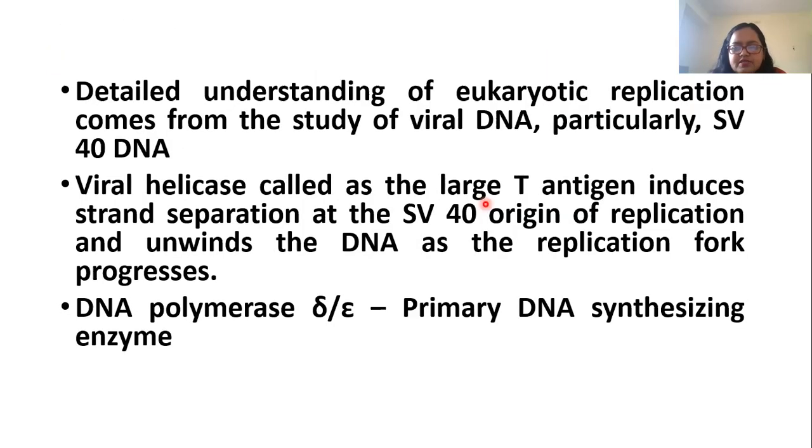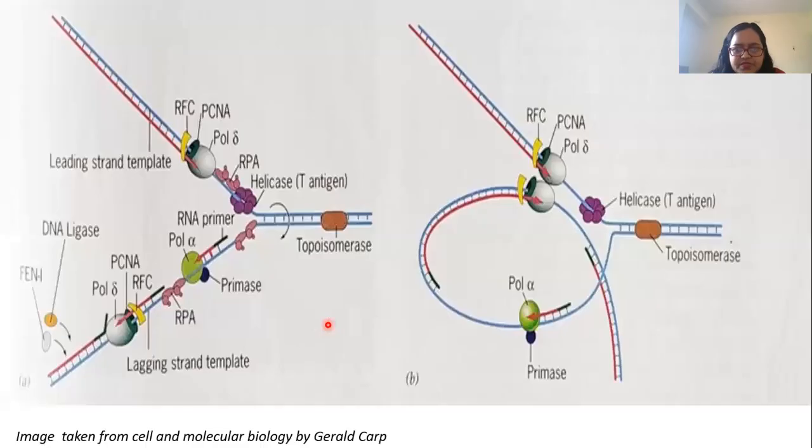Therefore, we are studying this DNA helicase by comparing its activity with the large T antigen found in the SV40 genome. DNA polymerase delta and epsilon are the primary DNA synthesizing enzymes.